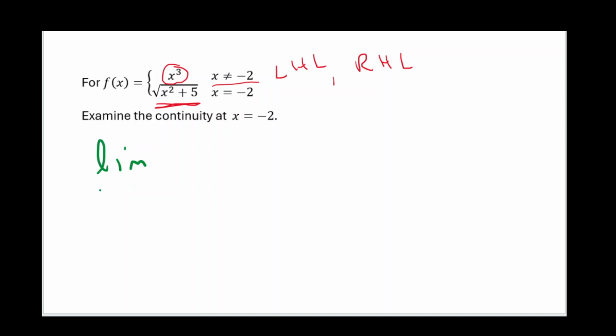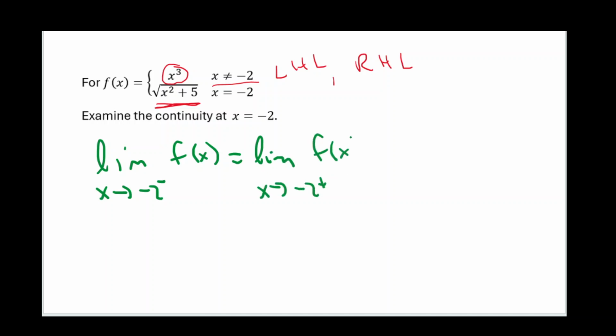So the left-hand limit as x approaches -2 of the function is the same as the right-hand limit as x approaches -2, which, so I just need to follow this rule, is -2 cubed, which is -8. Yes, my notation is not great, but I'm trying to squeeze it into your screen.